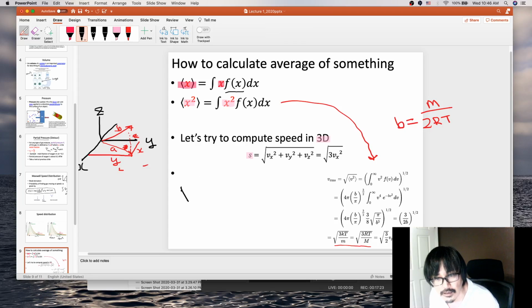So the gas constant, if you recall, is 8.31 joules per mole per Kelvin or something like this, right?